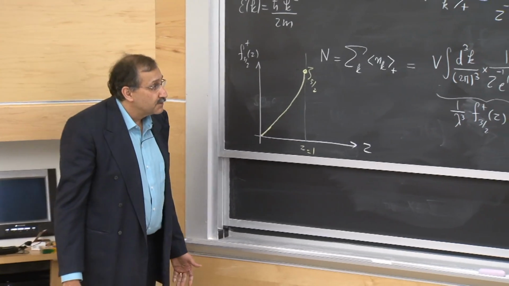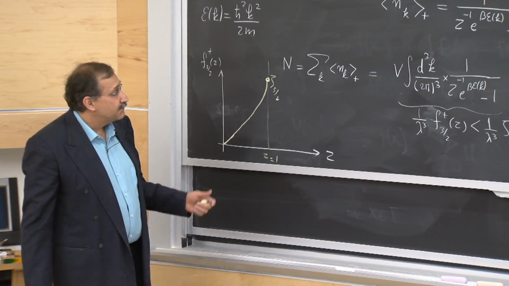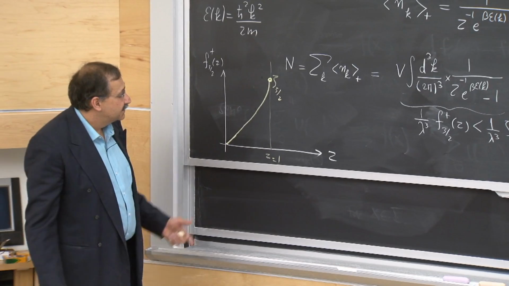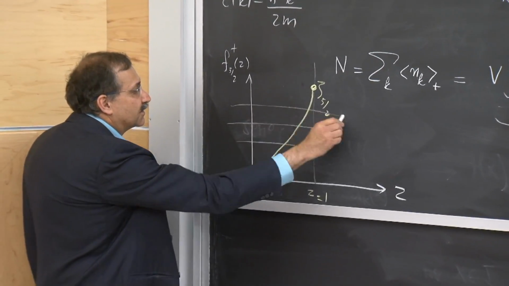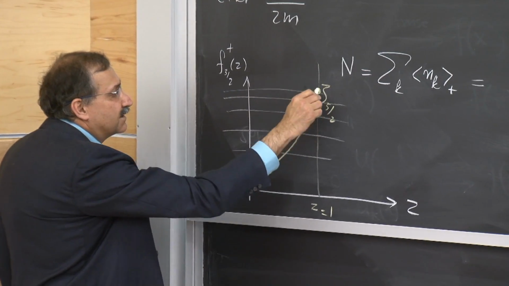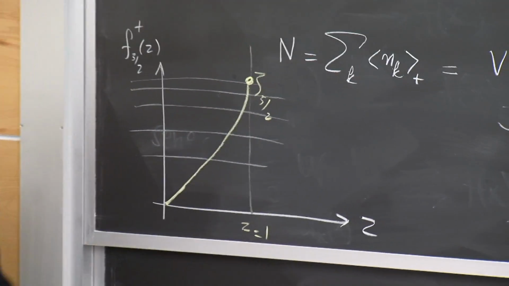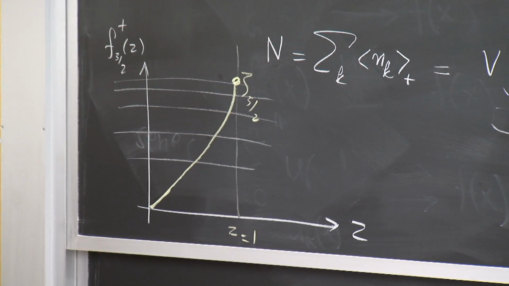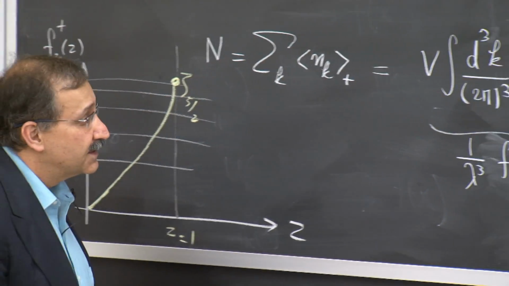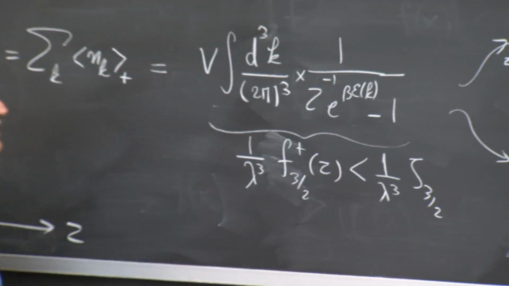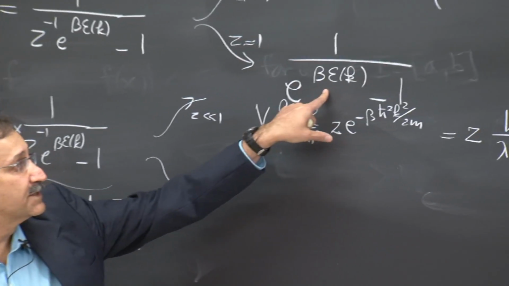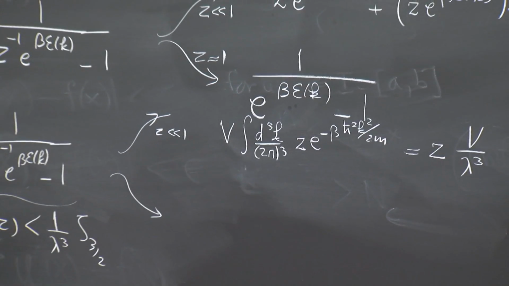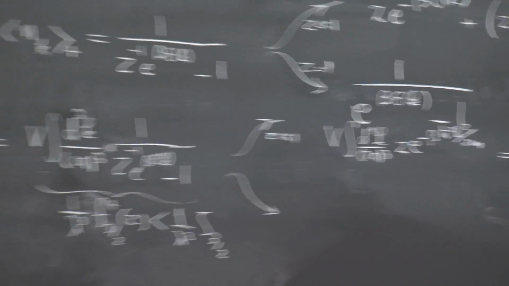So what is happening over here? What is happening is that when I make this density larger and larger, ultimately when I hit this point at z equals to 1, as we have discussed, there is an uncertainty as to what happens to this expression when z is equal to 1 and you are at the state that corresponds to k equals to 0.